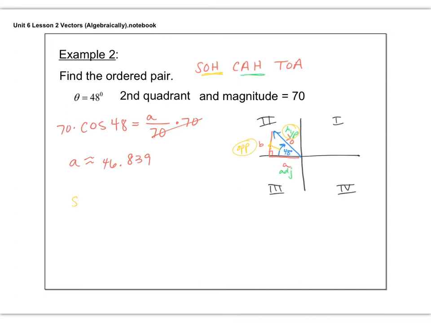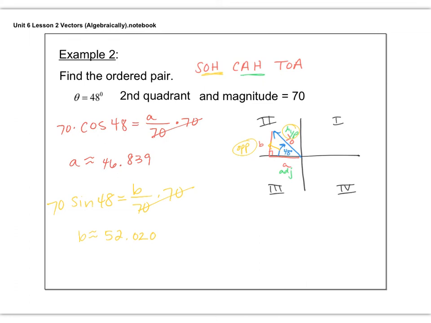So I would go sine 48 equals B over 70. Multiply by 70, and then type that in your calculator. Make sure you're in degree mode because our angle is in degrees. And this turns out to be 52.020.